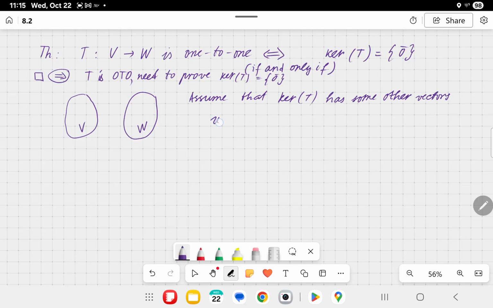For example, U, which also belongs to the kernel of T. We know that 0 belongs to the kernel of T, but maybe there are other vectors which belong to the kernel of T, like U.